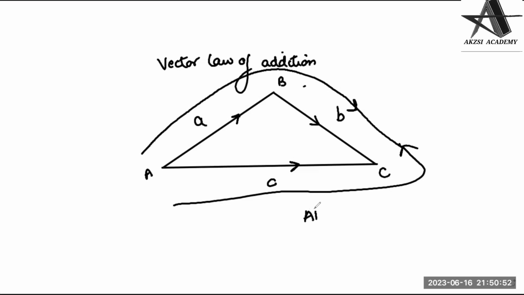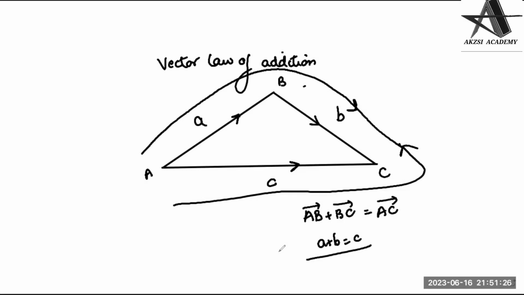So vector A to B plus vector B to C is equal to vector A to C. So A plus B is equal to C in this case. If in any question you have to calculate a vector, you first have to see which triangle it is a part of, and then apply this vector law of addition.